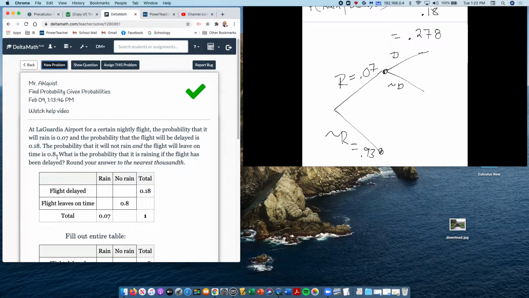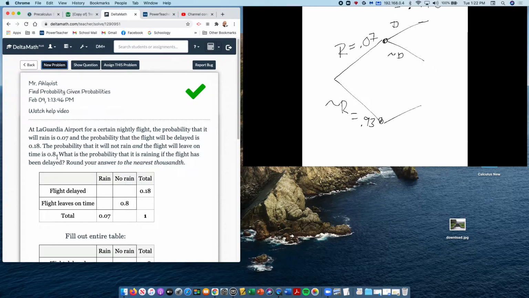So down here we could have delayed and not delayed here. So the probability that it will not rain and the flight will leave on time would be this box right down here, which in that case is 0.8.